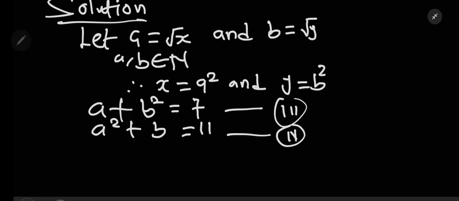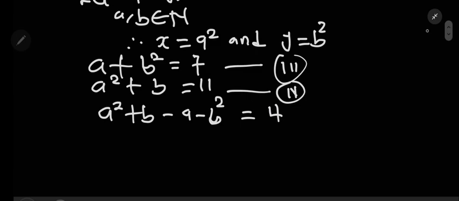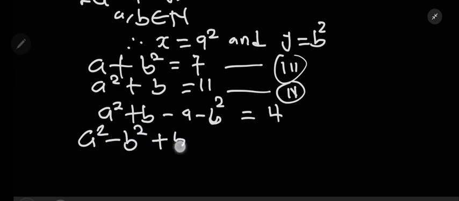So let's just say equation 4 minus 3, so that will give us a squared plus b minus a minus b squared is equals to 11 minus 7, that will give us 4. So we have a squared minus b squared plus b minus a is equals to 4.